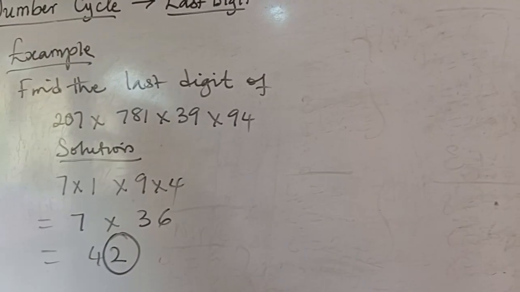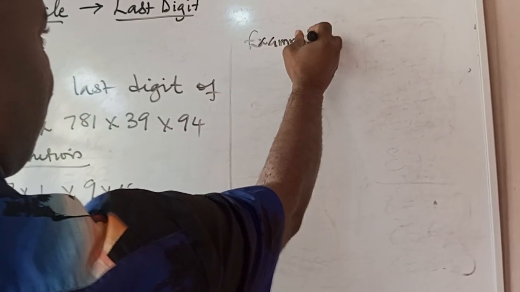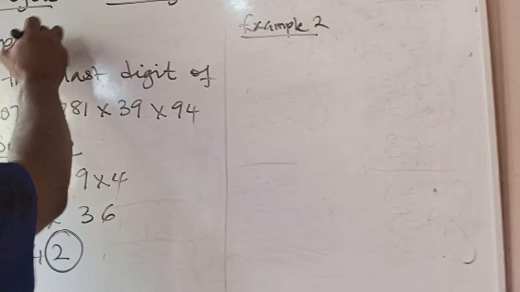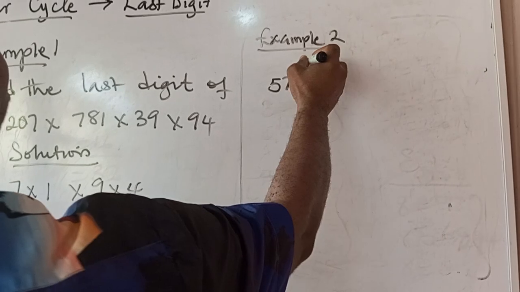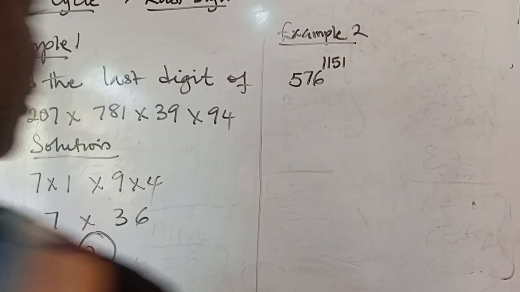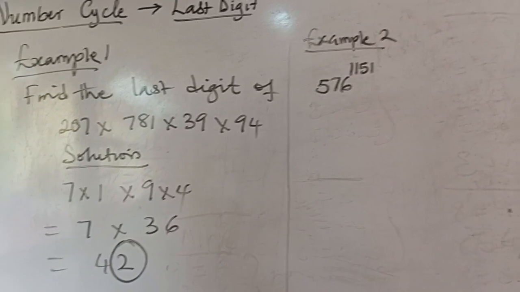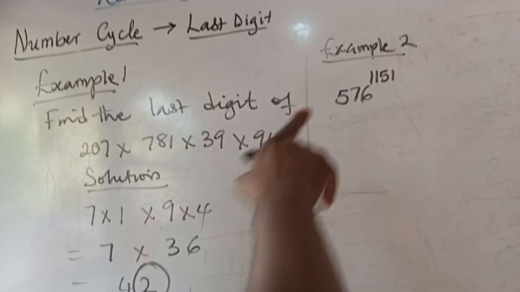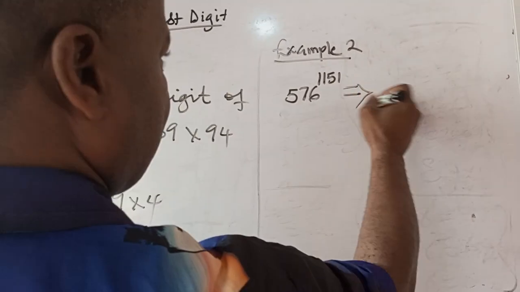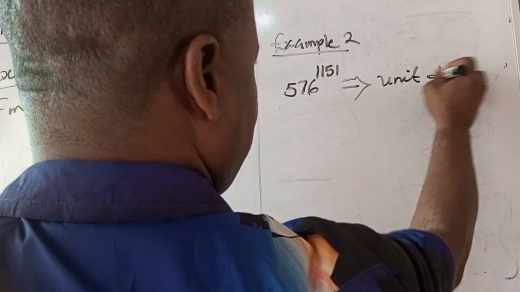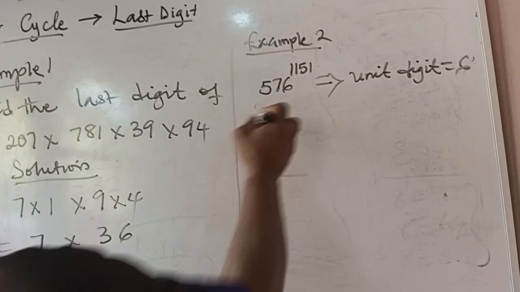That simply means, for a number, let me call this example 2, for a number like 576 to the power 1151, because we are dealing with 6 whose powers are always the same, because the number cycle for 6 is 1, it means that in this case, the unit digit will be 6.